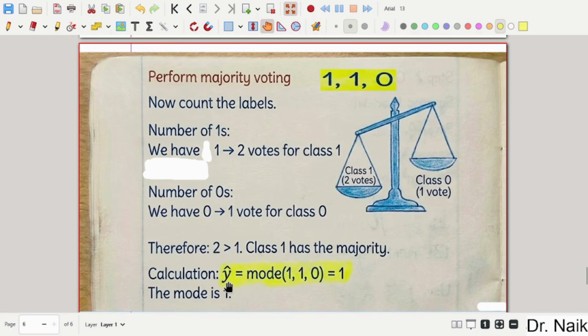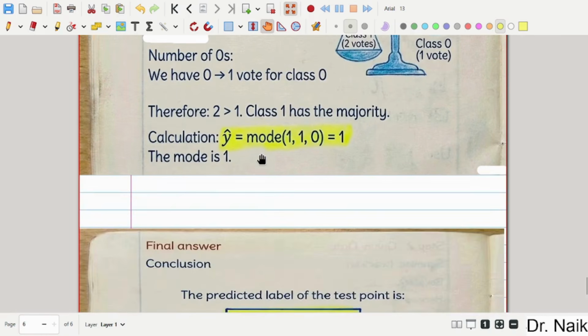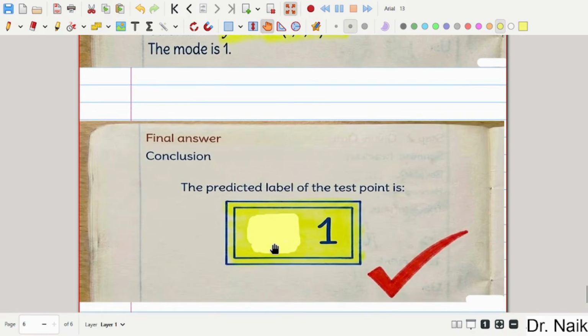So y hat is the mode of 1, 1, 0. Mode means the value with the highest frequency. Here 1 has the highest frequency, therefore the mode is 1. Therefore we predict the label of the test point as 1.